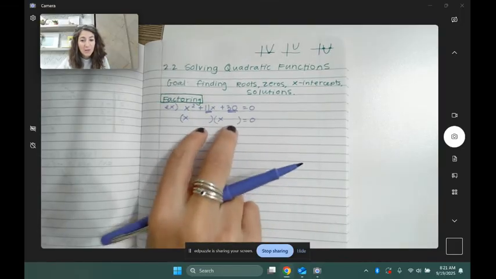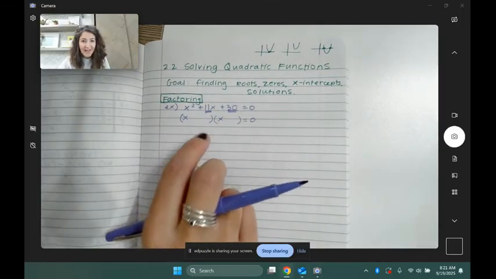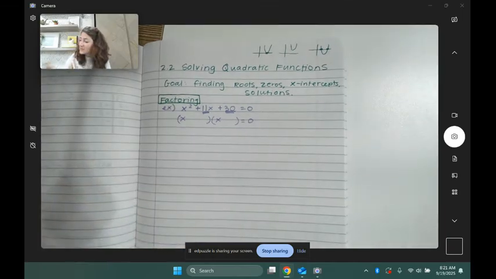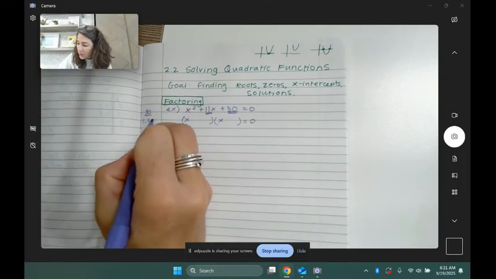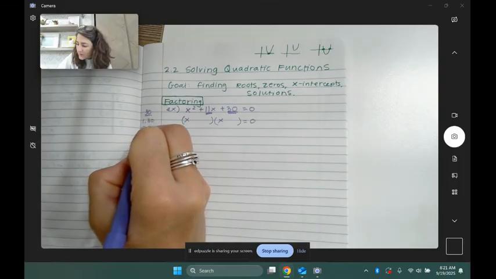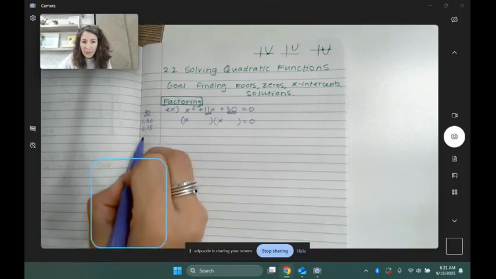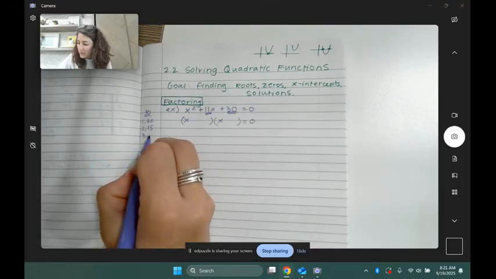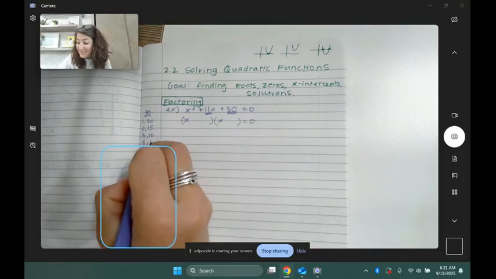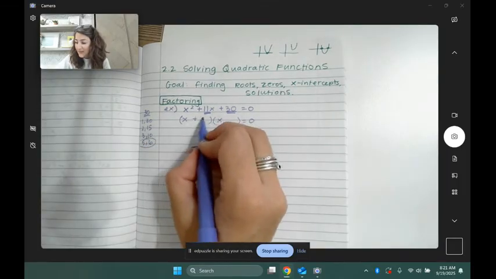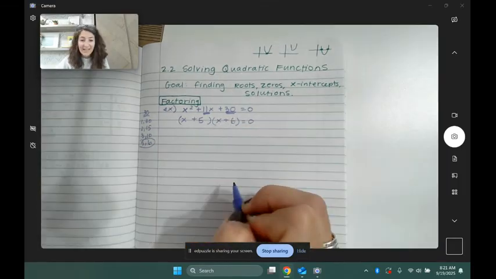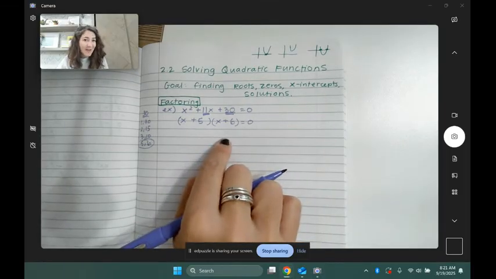What two numbers multiply to 30, add to 11? If you need to, make a little list. What multiplies to 30? I like to go in order when I'm doing something like this. So 1 and 30, 2, 15, 3, 10, 5, and 6. Which one of these adds to 11? It's 5 and 6. So this is now in factored form.